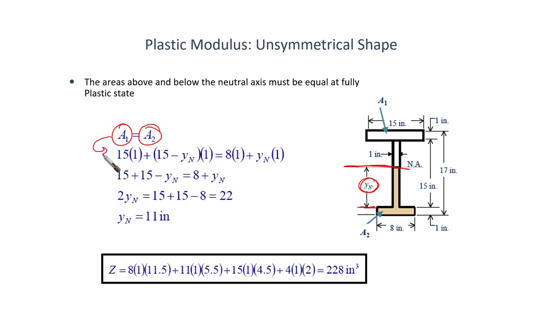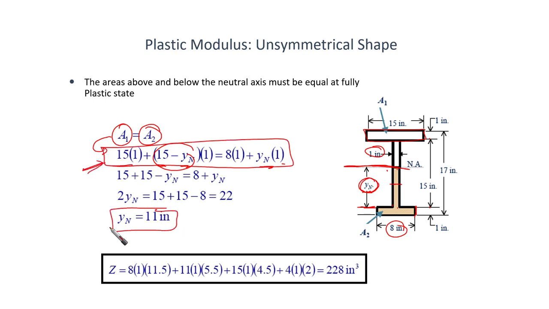Area 1 equals the area of this flange, we know everything about it, and this part, which is a function of YN, is 15 minus YN, times 1, which is the thickness of the web, equals the lower half, which is also a function of YN, 8 times 1 plus YN times 1. This is one equation in one unknown, so we can obtain YN at the end.